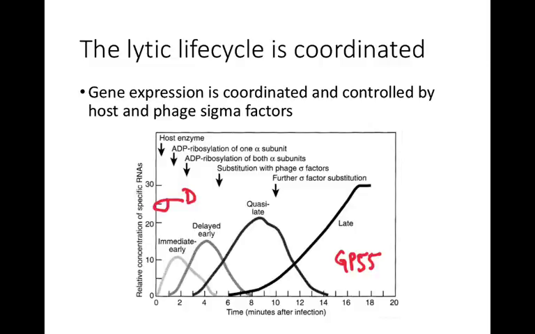One additional thing that needs to take place is that replication needs to begin before those late genes can be expressed. And so in order for those structural proteins to be transcribed, you must have DNA replication occurring as well.